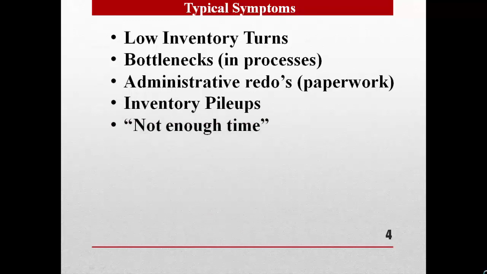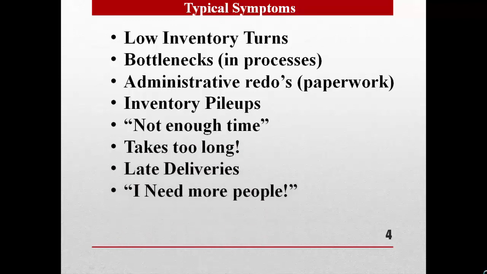We don't have inventory pile-ups, and we don't get stuck going around and around this whirlpool. We don't have enough time. Things take too long. We've got late deliveries, and everybody's running around yelling, "I need more people," or we have to work harder and longer. If you're in that kind of situation right now, this cycle time tool will help you figure out why you're in it and how to get out of it.